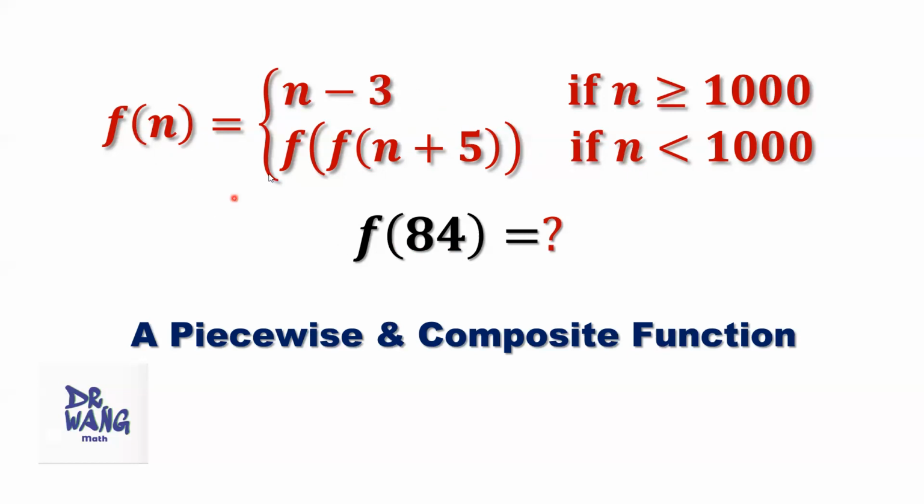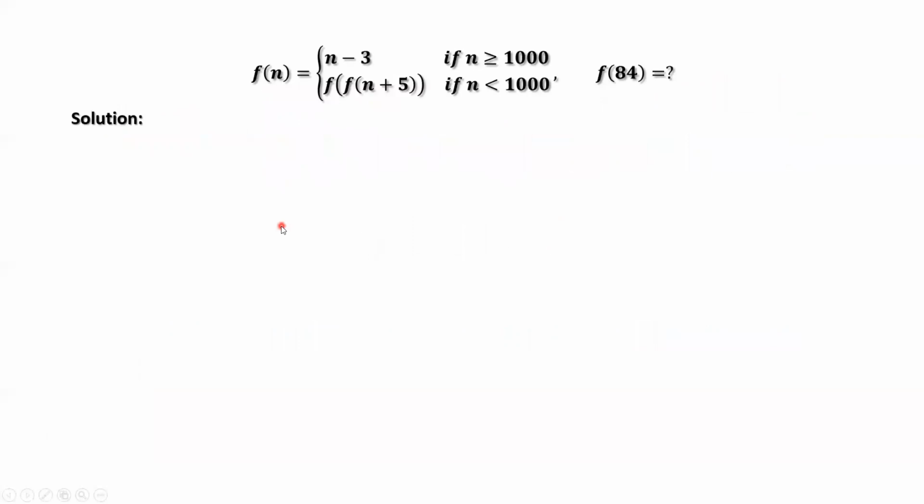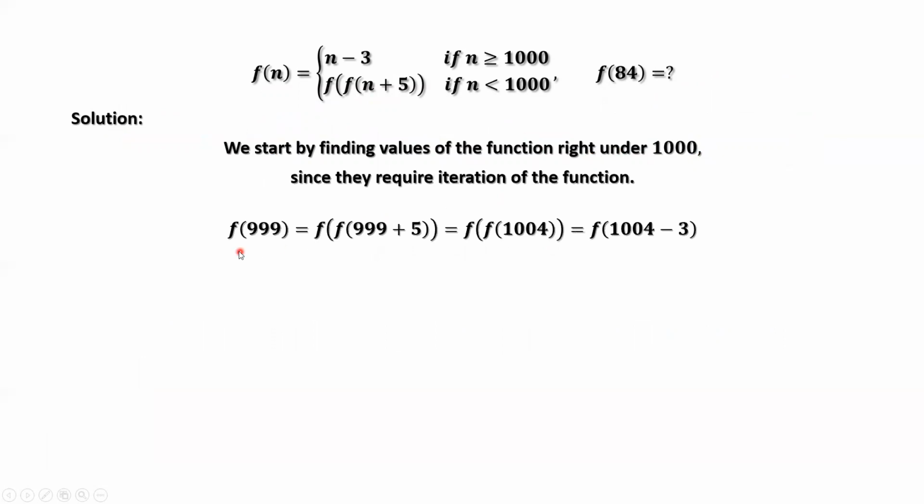In order to use both formulas, we consider deriving the function value right under 1000. That means we find f of 999.